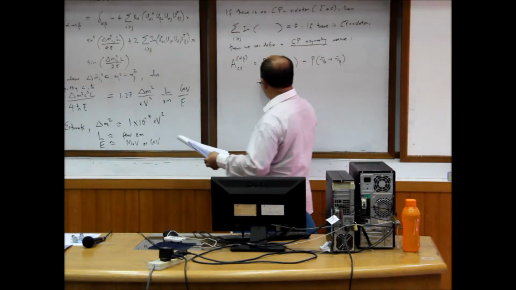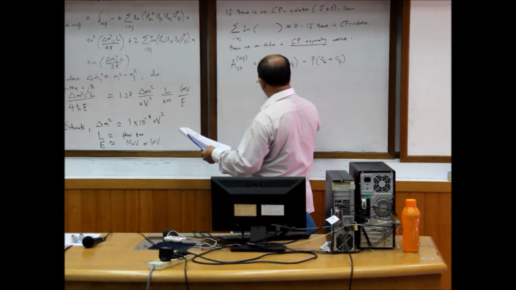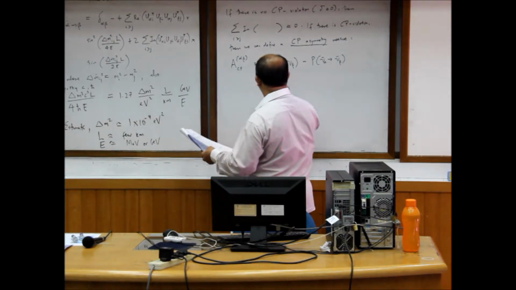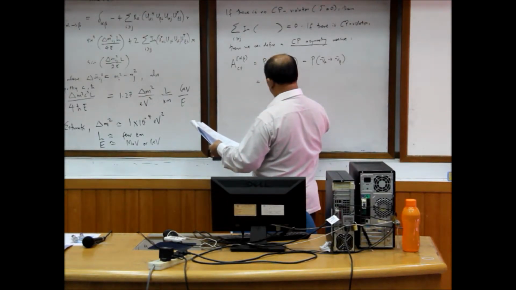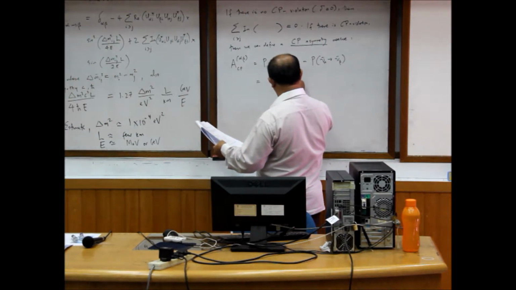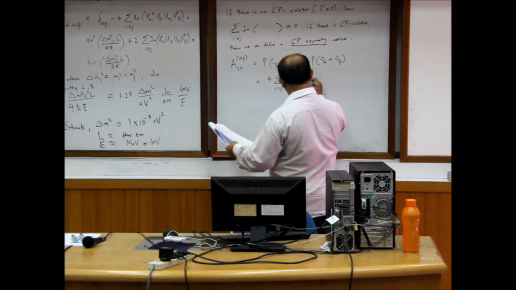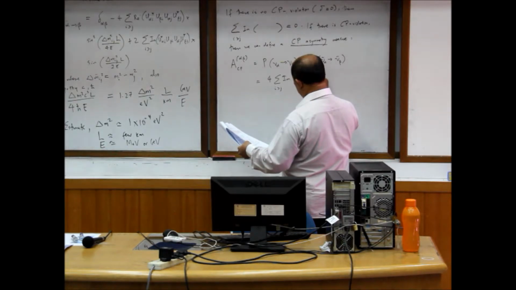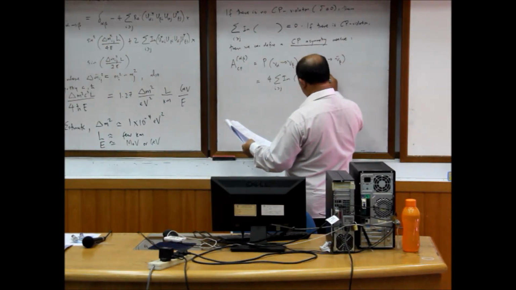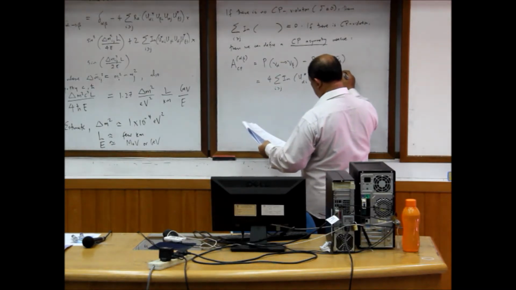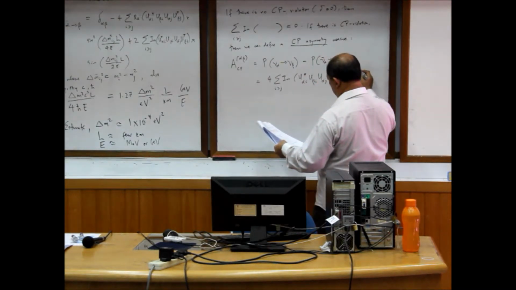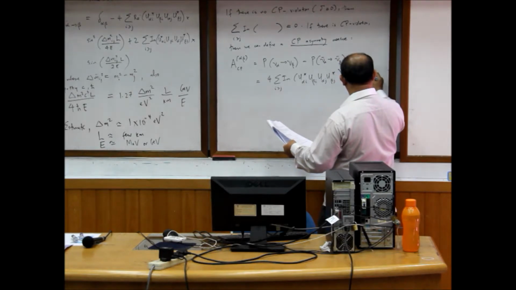And if you do the calculation, it will be 4 times the second summation, which is twice that, I get the J imaginary part, or U alpha I star, U beta I, U alpha J, U beta J star, sine of the delta Mij square L divided by 2E.